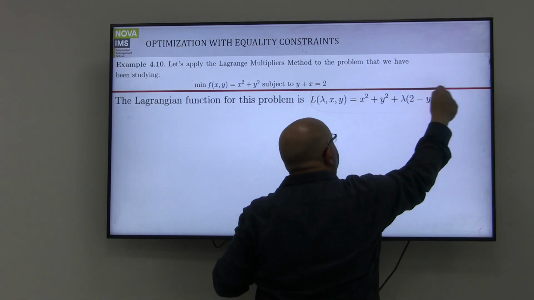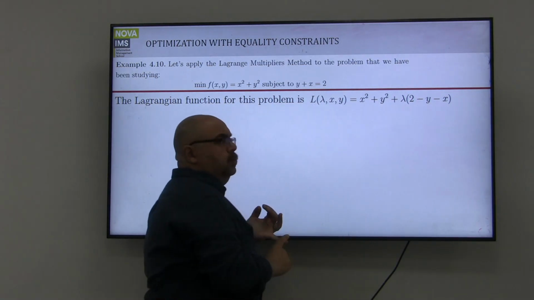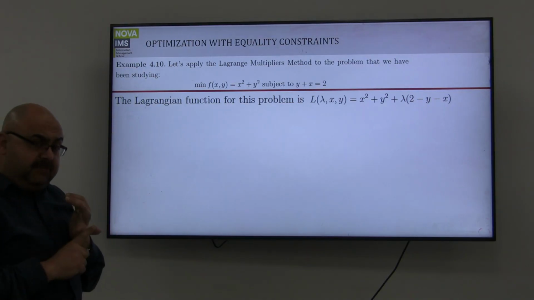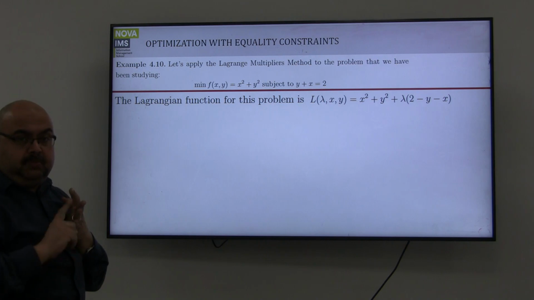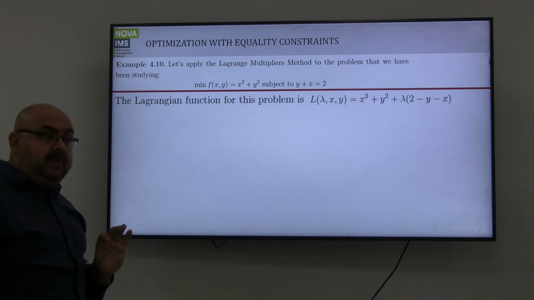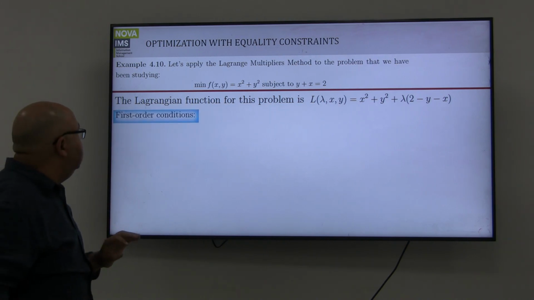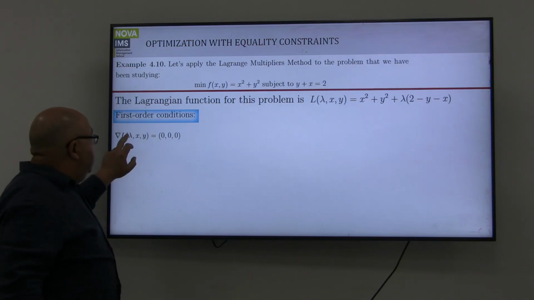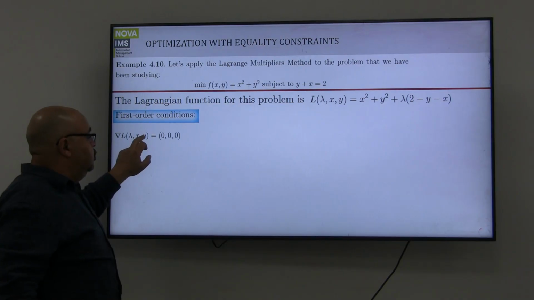Then for this function, I start differentiating to get the gradient vector, which means I will differentiate with respect to lambda, with respect to x, with respect to y, and remark the order of derivative. That's exactly what we are going to do in order to get the gradient vector.